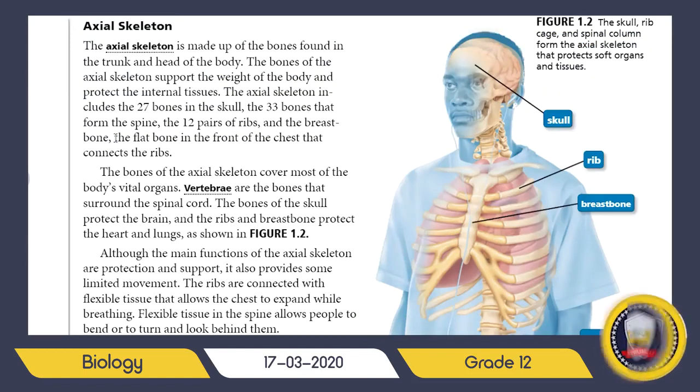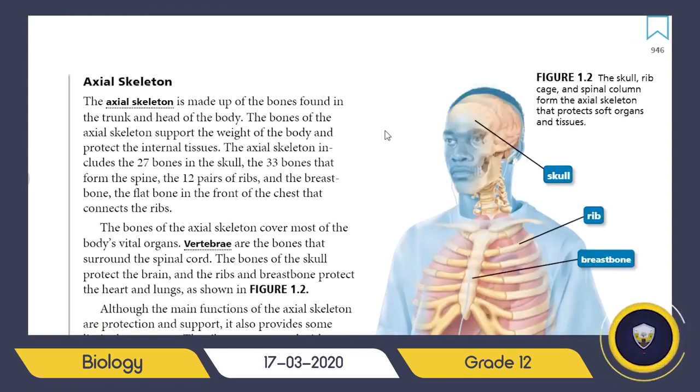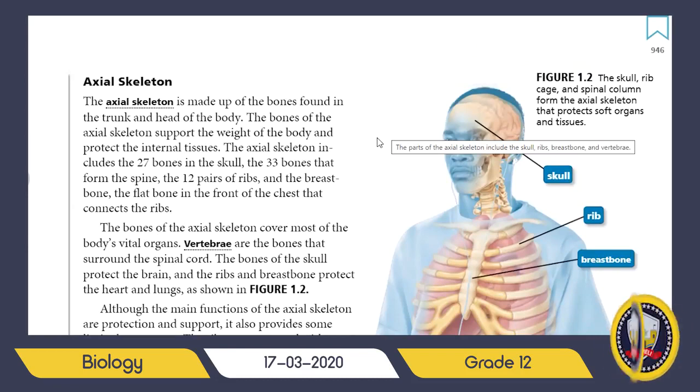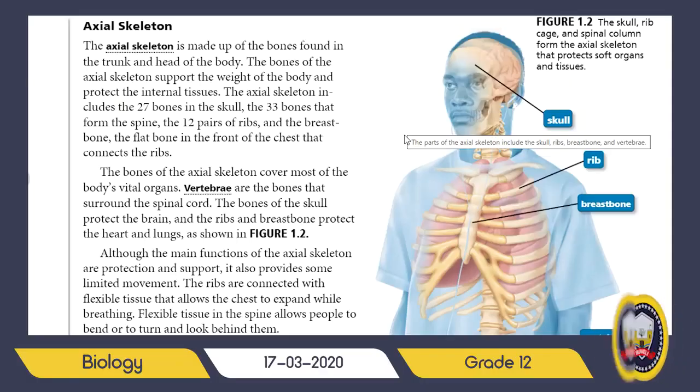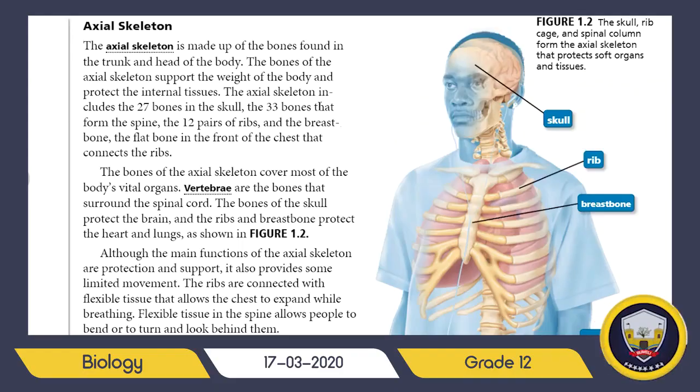We have 85 bones. That leaves the appendicular skeleton with how many? 121 bones. So the appendicular skeleton has 121 bones, the axial skeleton 85 bones.